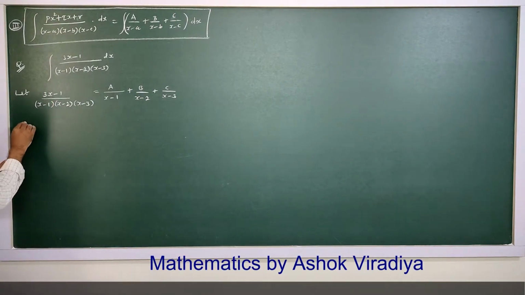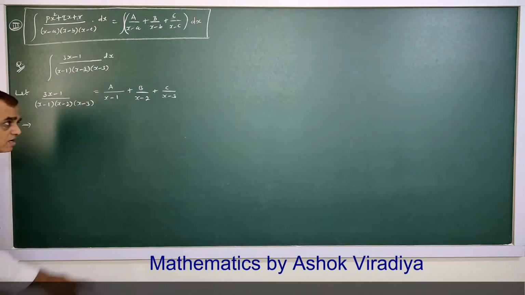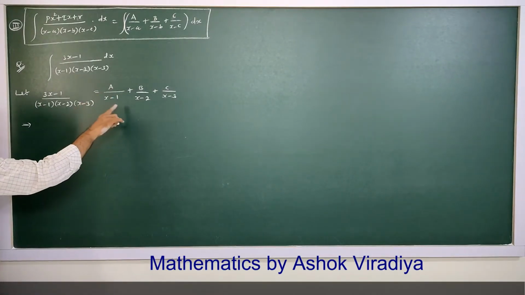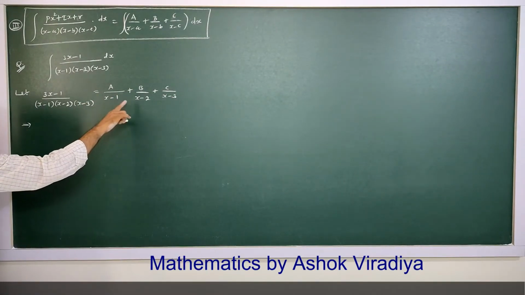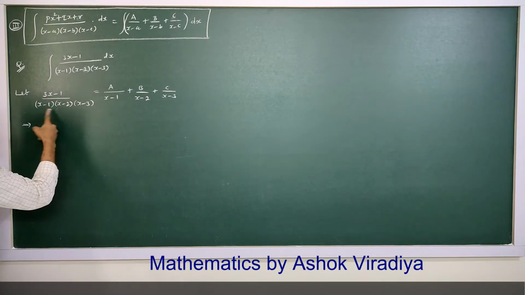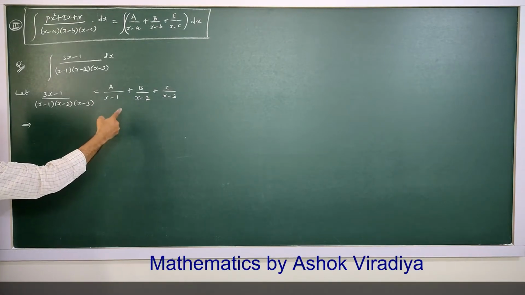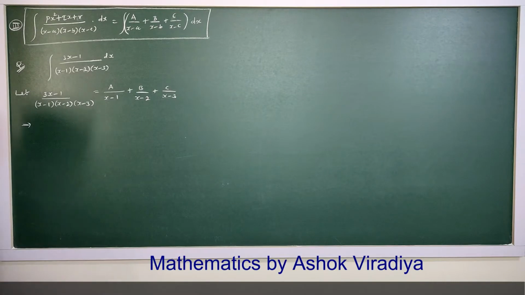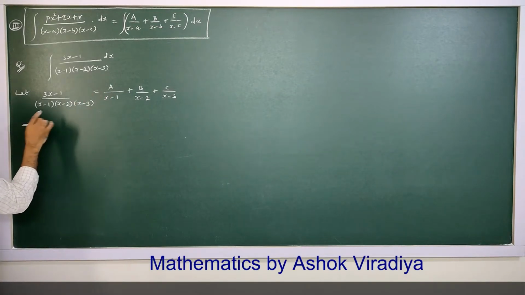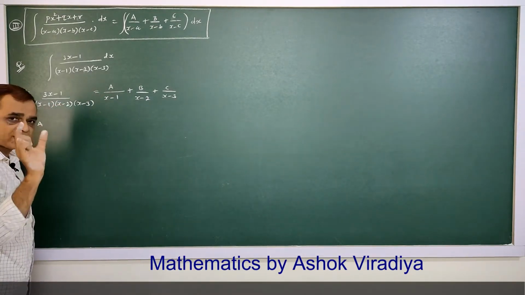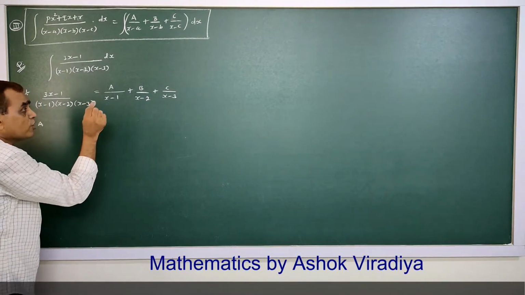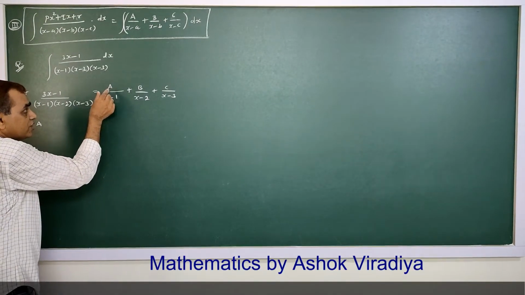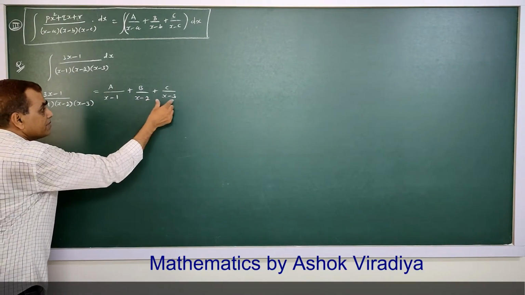Now, as we did in previous questions, to calculate the values of a, b and c, observe the right hand side. The LCM will be this, and it will be cancelled on the right side. So a will be multiplied with the factors which are not in the denominator of a. In the denominator of a, these are missing.